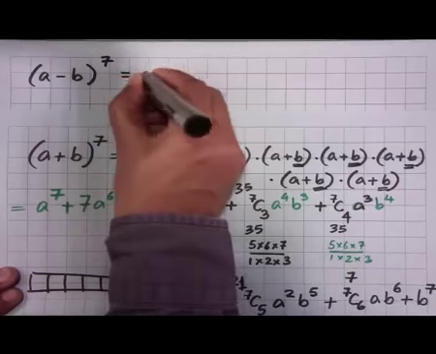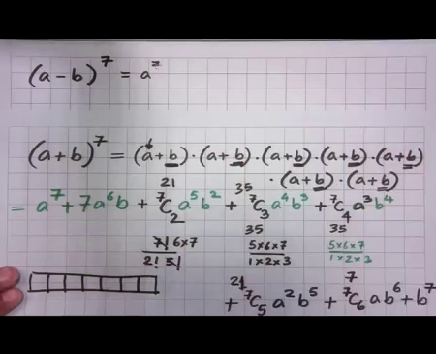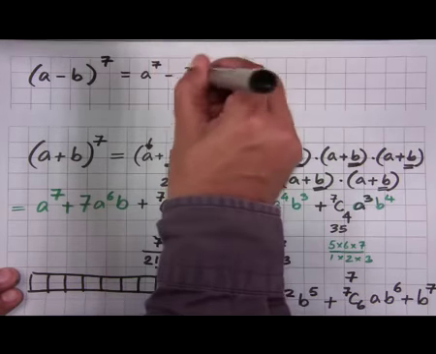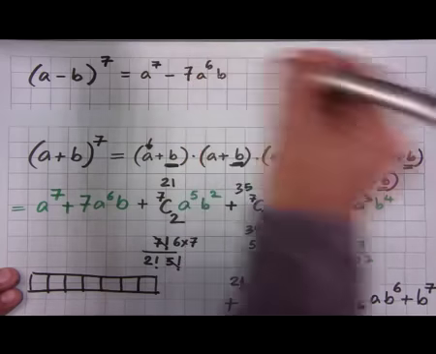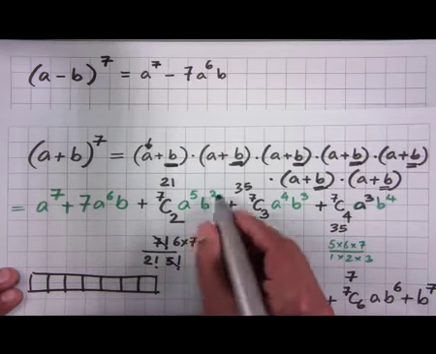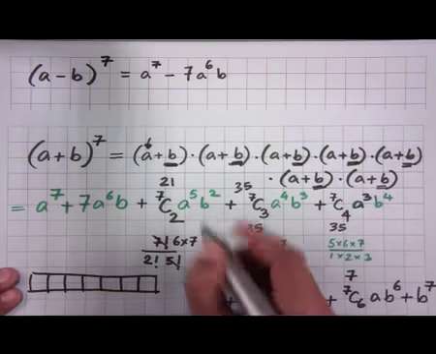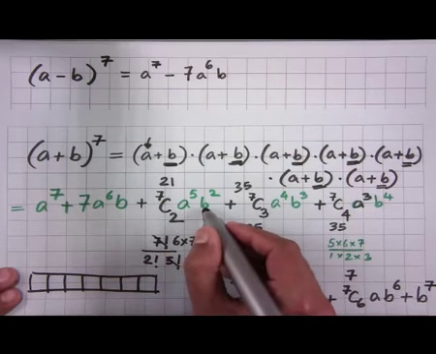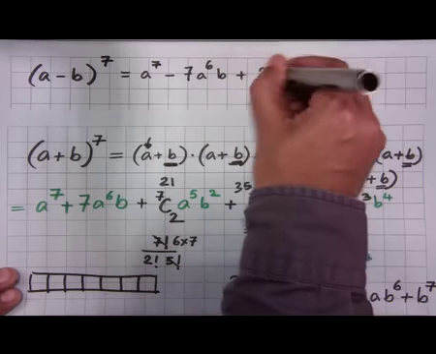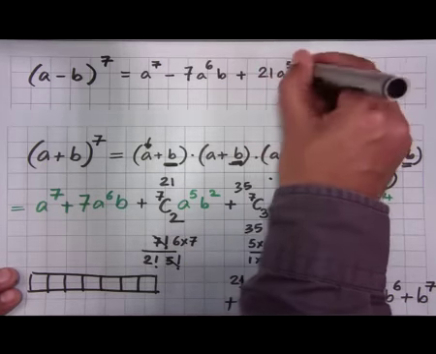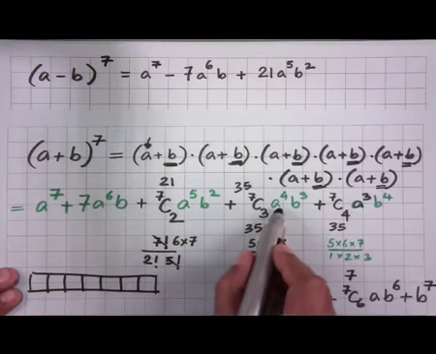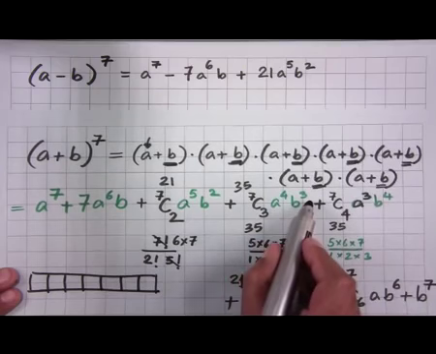That is equal to a power 7 and then minus 7 a power 6 b, and then over here you have got a b squared. So, b squared means you replace b with minus b, you end up with a plus b squared term. And then you have got 7 c 3 times a power 4 times b cube.